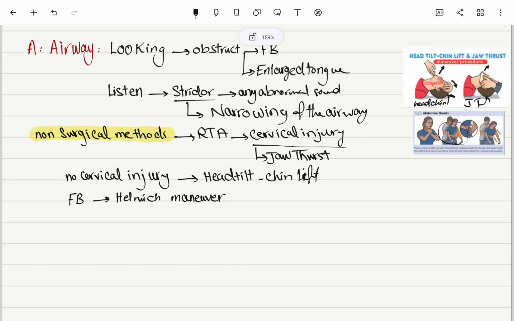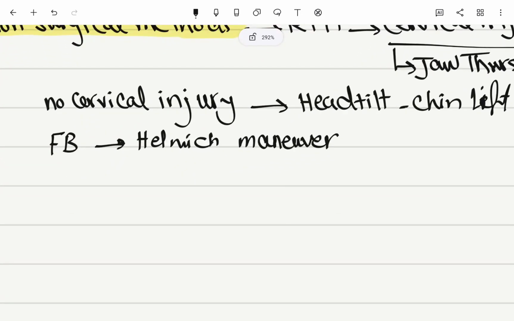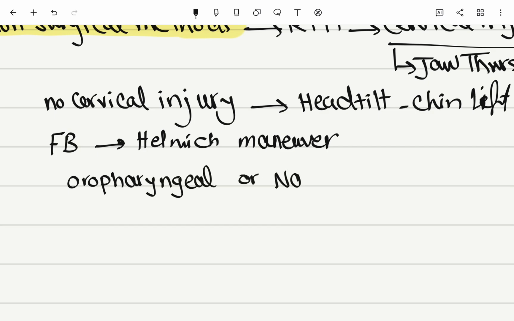Okay, and in airway obstruction, I will also use an oropharyngeal or nasopharyngeal airway.